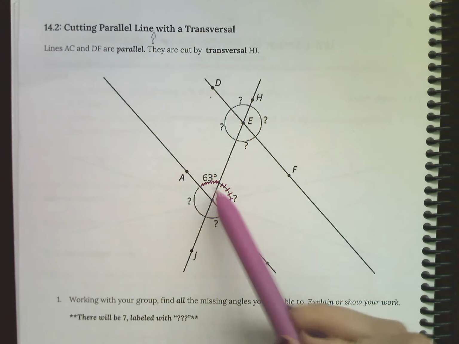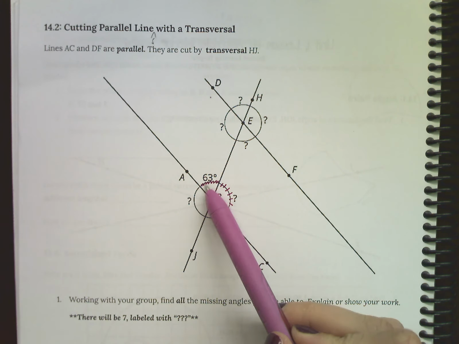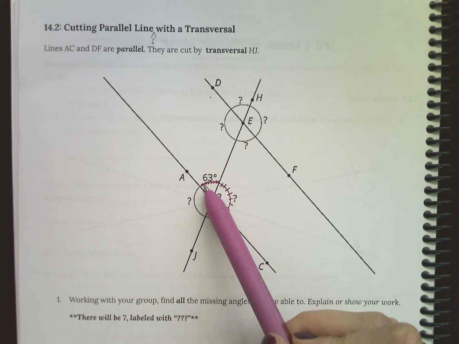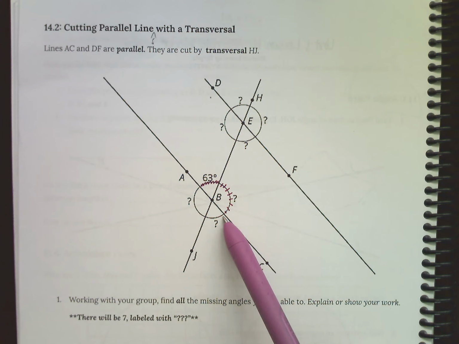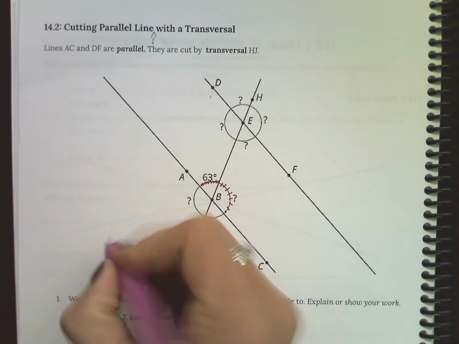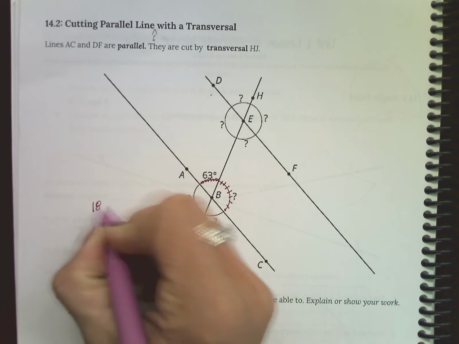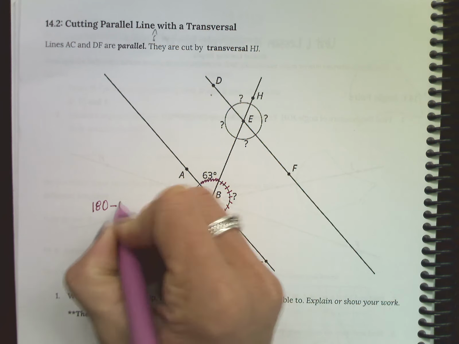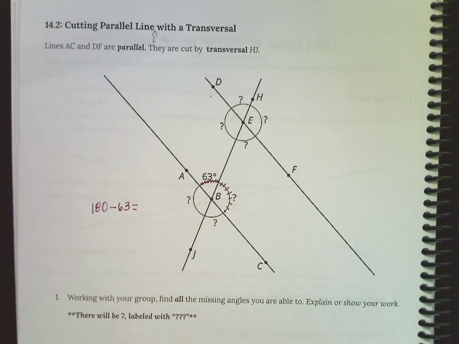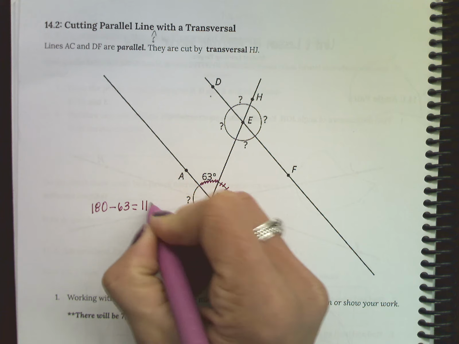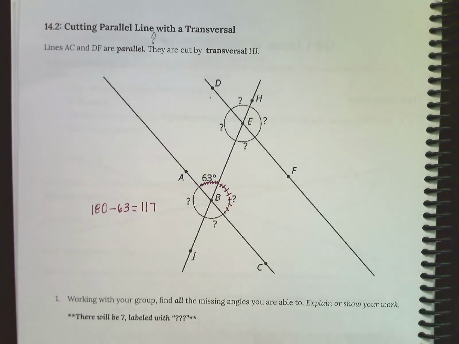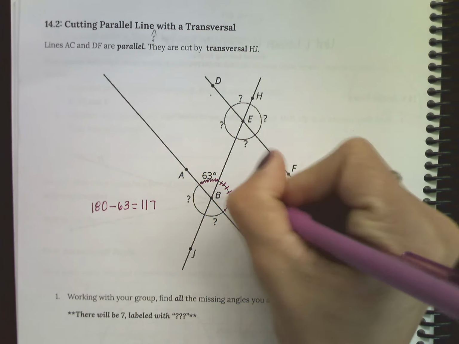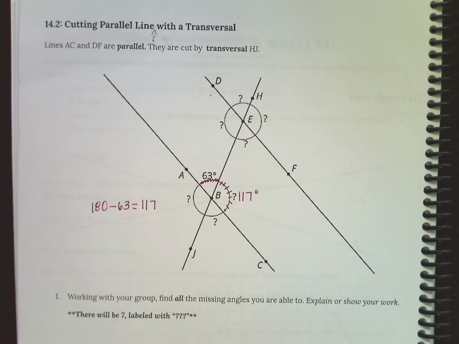I already have 63 taken from that 180 degrees, so to find angle B, I'm just going to do 180 minus 63, and you will get 117, which means this question mark right here is 117 degrees.